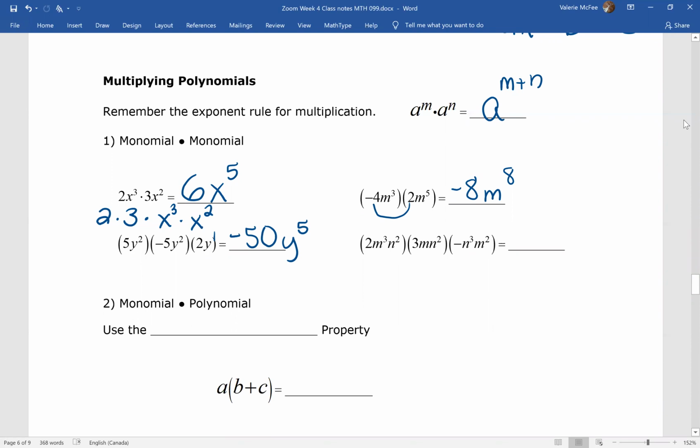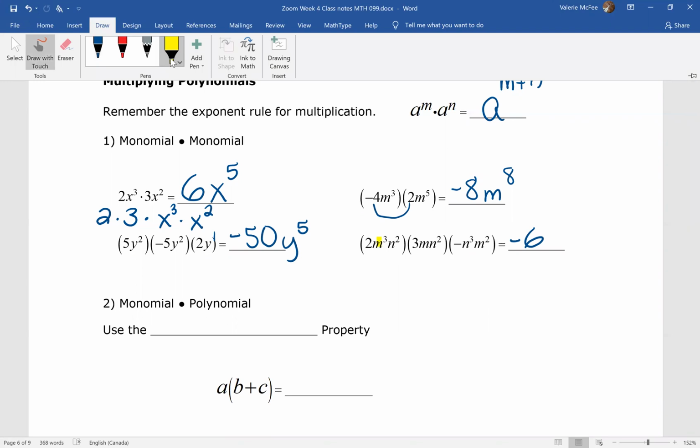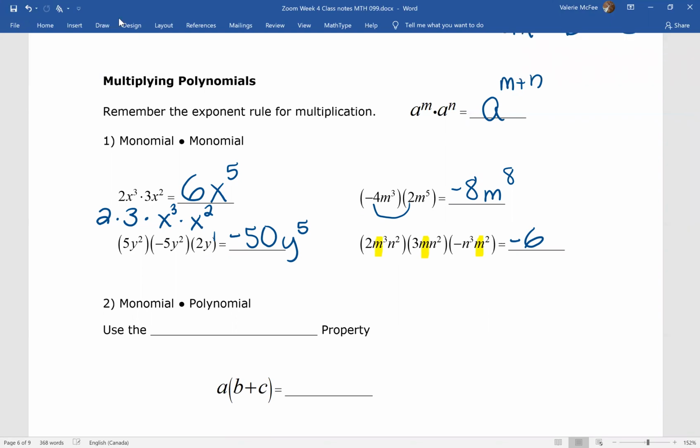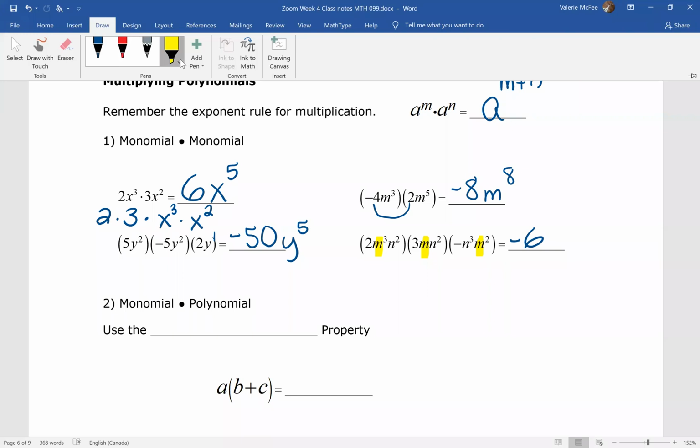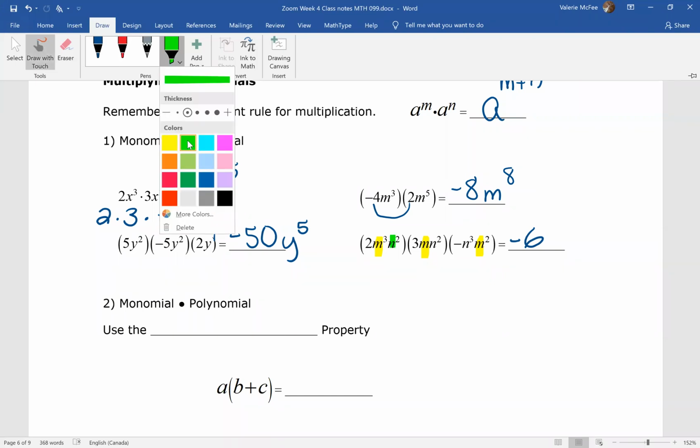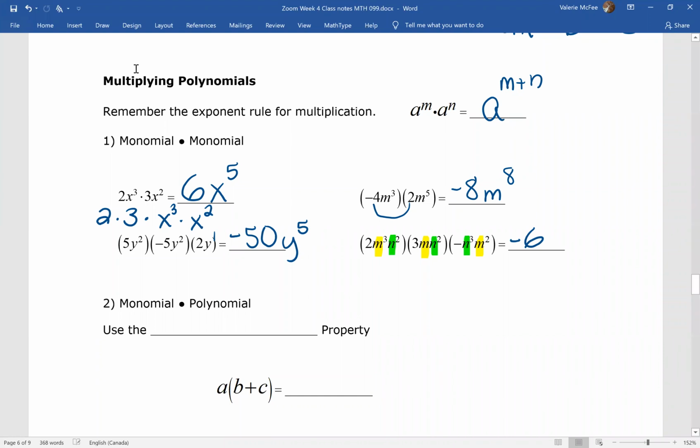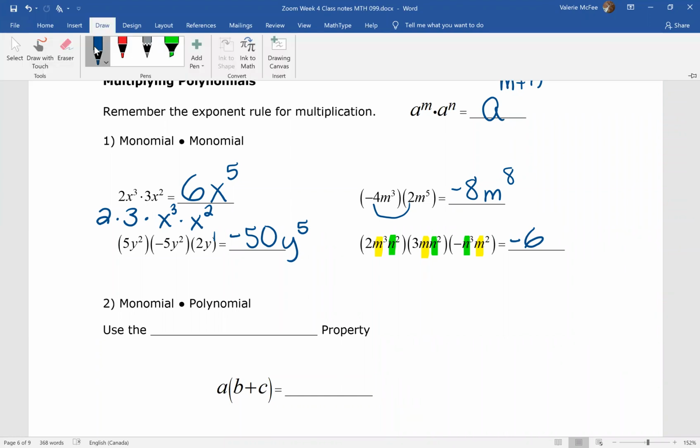Multiply the integers in front. 2 times 3 times negative 1. And then we're going to multiply powers with the same base. So we have m. We also have another base, n. Let's start with m.